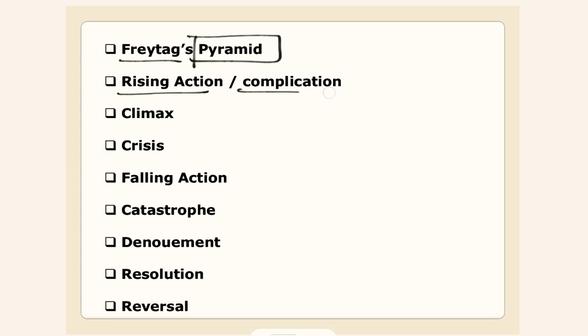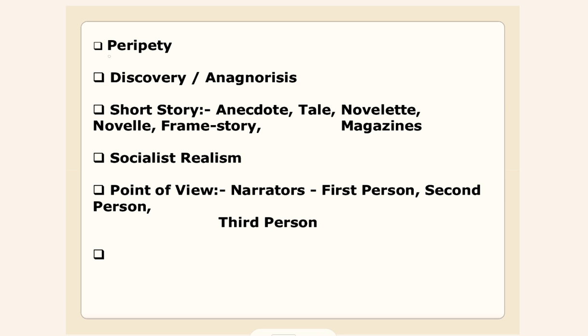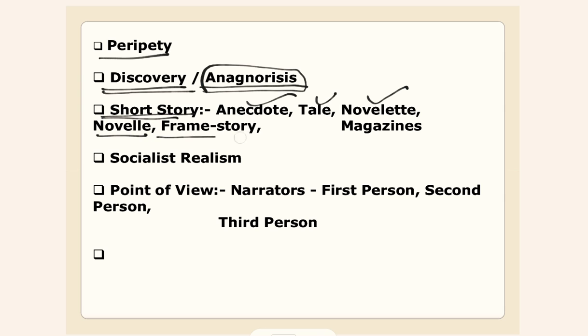Rising action or complication, climax, crisis, falling action, catastrophe, denouement, resolution, reversal, peripety, discovery or anagnorisis. Please remember discovery or anagnorisis. This is part of tragedy. Short story. Here anecdote, tale, novelette, novelle, frame story, magazines.